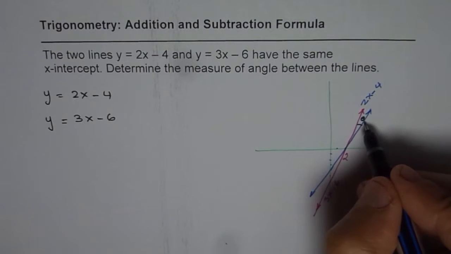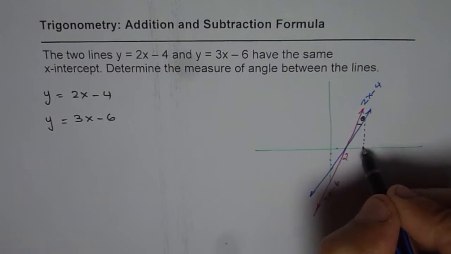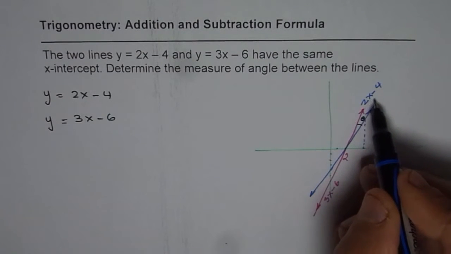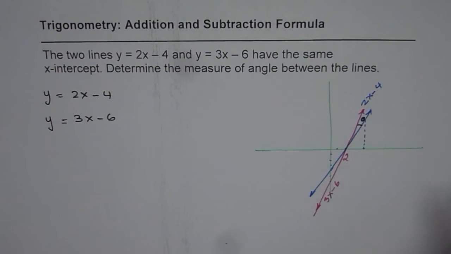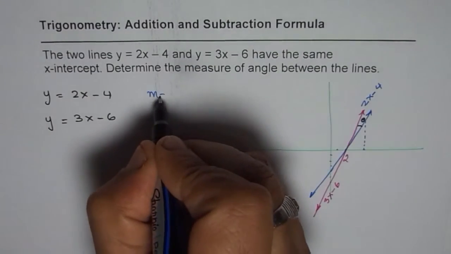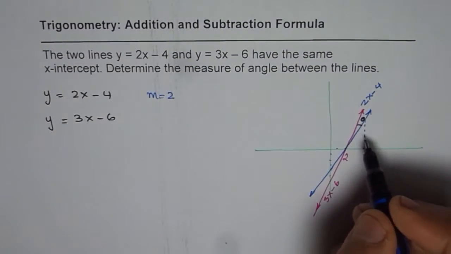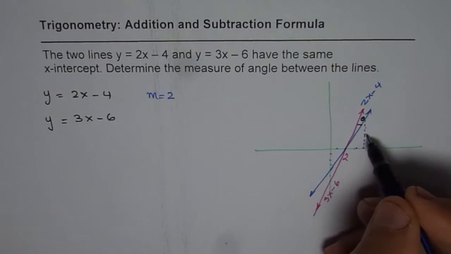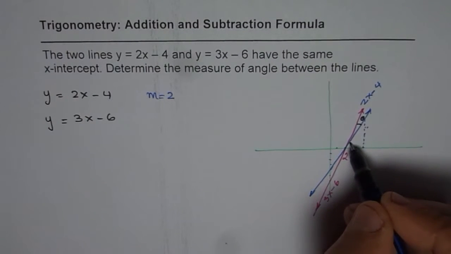Let me show you. Let us drop a perpendicular from any point on this line. The first line let us take, which is 2x minus 4 for us. Now here slope m equals 2. So slope really means rise over run, correct? Slope is rise over run, and that rise over run is tan of the angle. So let's call this angle alpha, right?